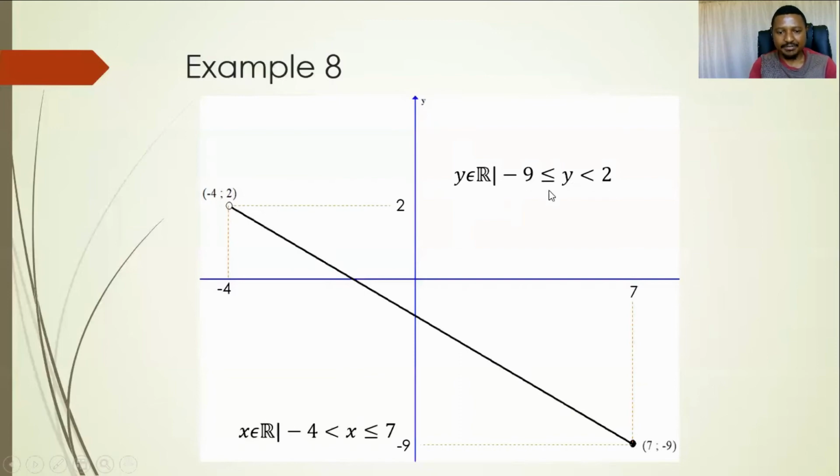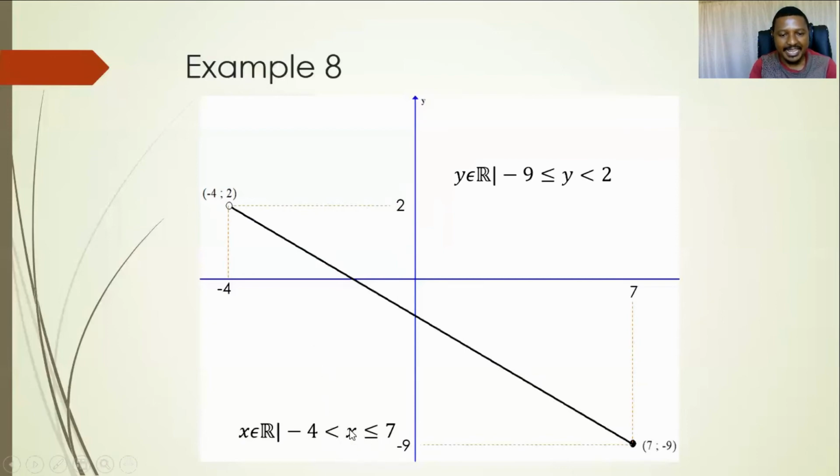And the emphasis there, you must also remember: because this point has been included, we use less than or equal to, because -9 is part of the interval. But look at 2, we use strictly less than 2 because there we're having an open hole. That means 2 is not part of the range of this function. Same thing that we've done for the domain.